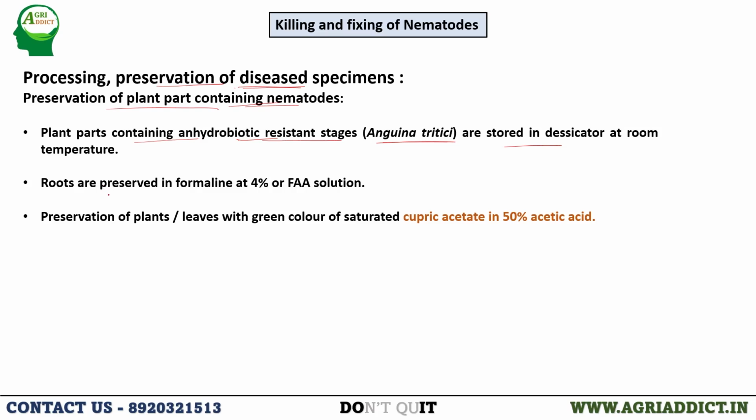Root samples collected from the plants have to be preserved in 4% formalin or FAA solution, as I explained earlier. Green plants or leaves are preserved in saturated cupric acetate in 50% acetic acid solution. Like this, the samples need to be preserved in different solutions or in different manners.